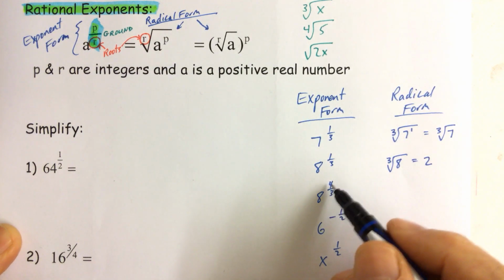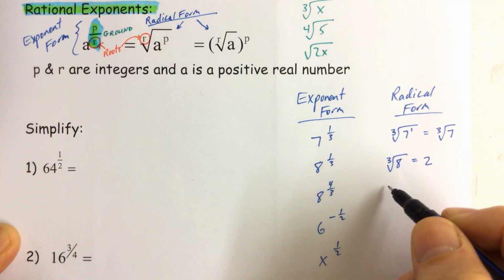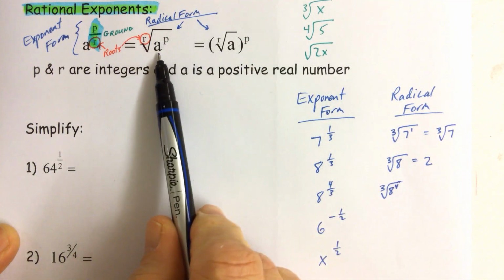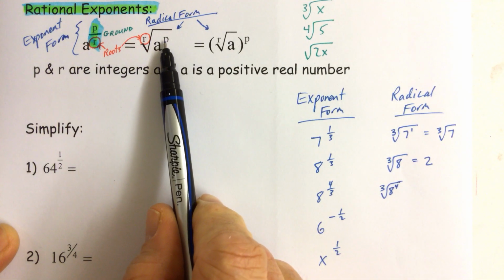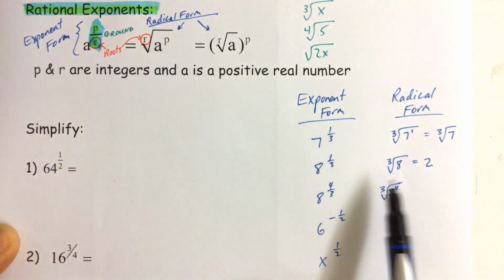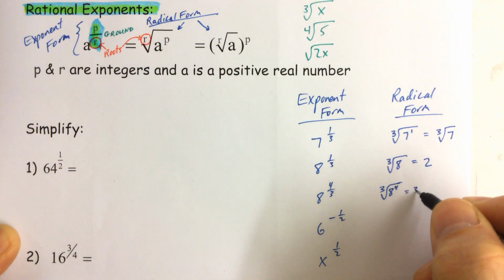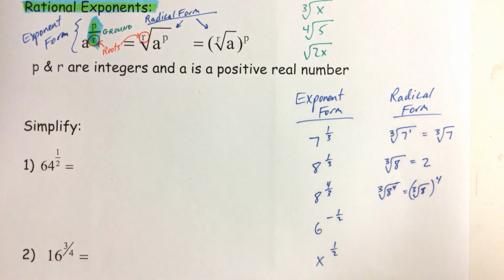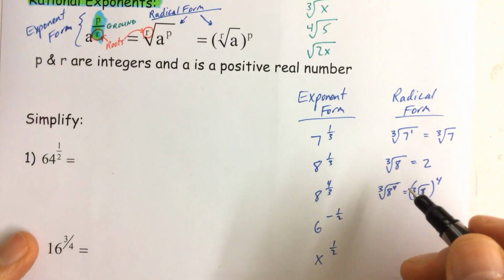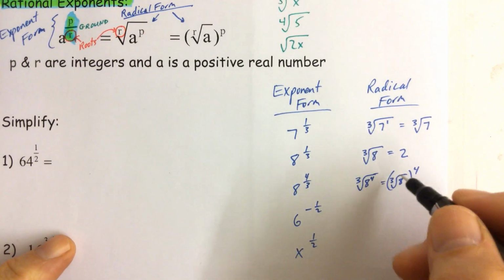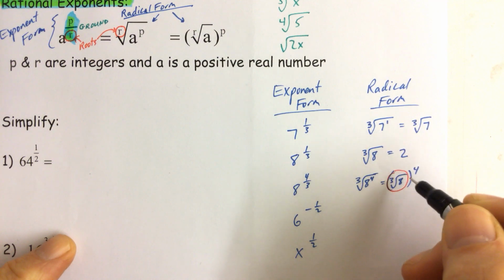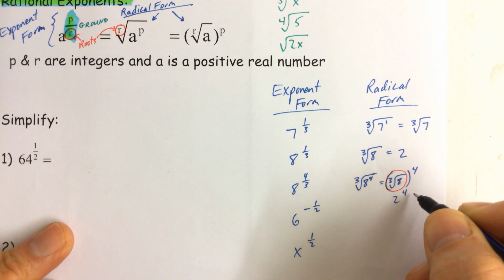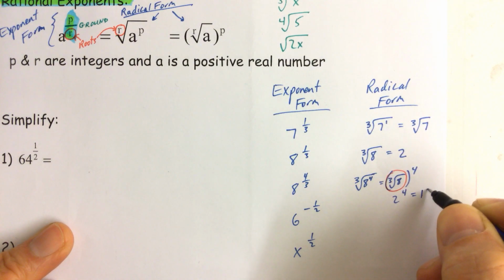We can also take 8 to the 4/3, and we can write that as the cube root of 8 to the 4th power. So if you notice, we can include the power inside the radical like that, or we can write the power outside of the radical, which in this case makes it really nice, because if we want to simplify this expression, we would just simplify the cube root of 8, and we know again that the cube root of 8 is 2, and we would write 2 to the 4th, and we know that 2 to the 4th is equal to 16.